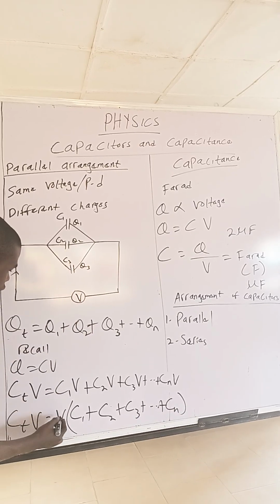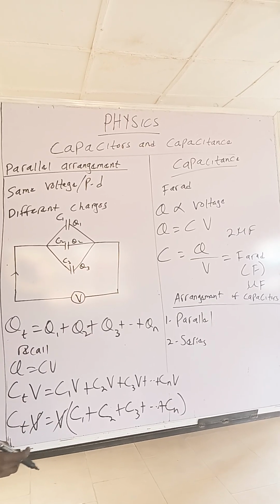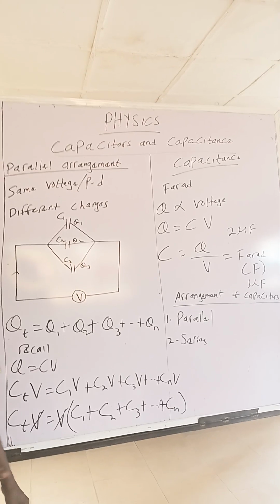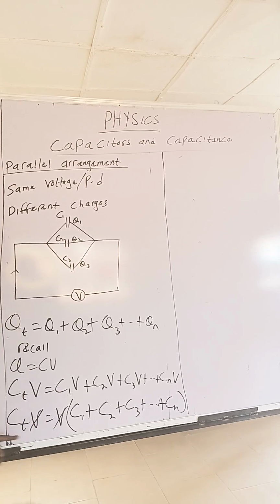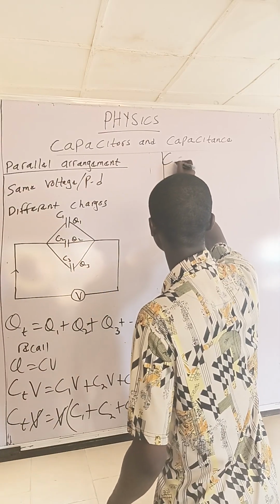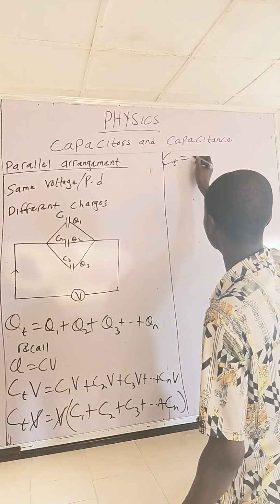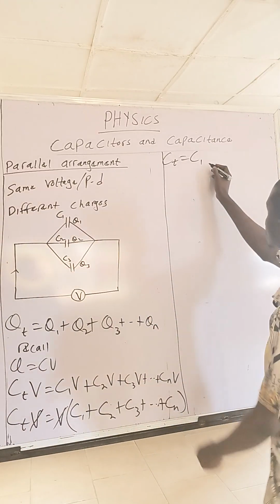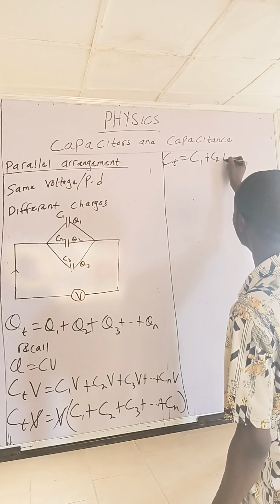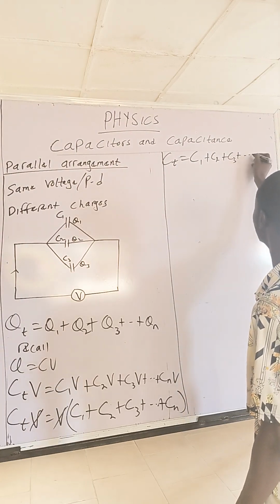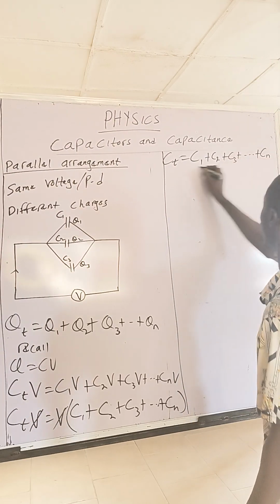Since V can be eliminated from both sides, our total capacitance C total equals C1 plus C2 plus C3 up to Cn.